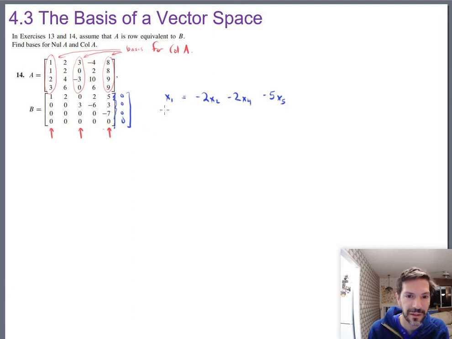The next one would just be x2 equals x2, but the next one would be 3x3 equals, and then you'd have to divide by 3.